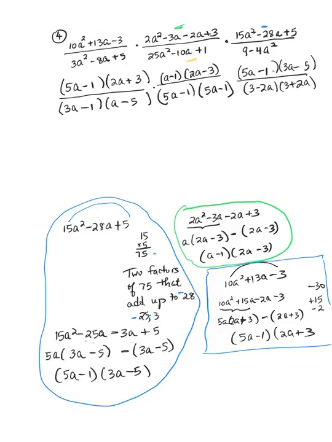So once we're done with that, here comes the fun part. We divide through the factors, the factor that appears in the numerator and the denominator. So looking at this, we see that there's a 5a minus 1 up here and a 5a minus 1 down there. So they cancel out.